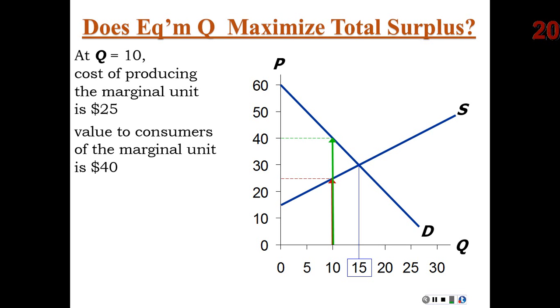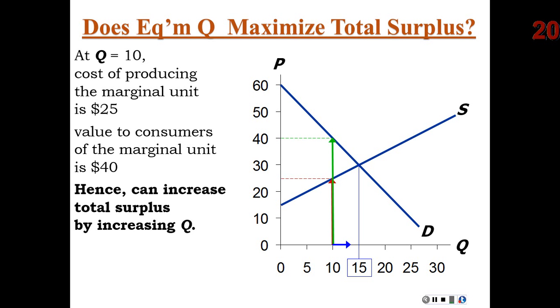But the thing is, so would the 11th unit. So would the 12th unit. Each of these units between 10 and 15 units would have a value to the buyers greater than the cost to the sellers. Therefore, each of those units would increase total surplus. So if we're at 10 units, we could increase total surplus by increasing quantity to the equilibrium.